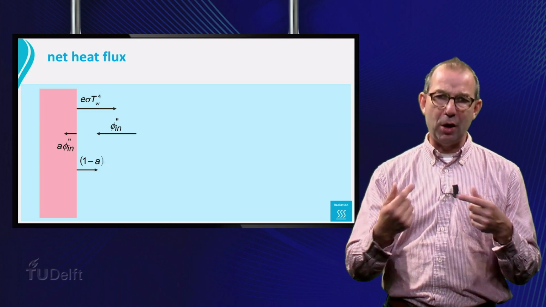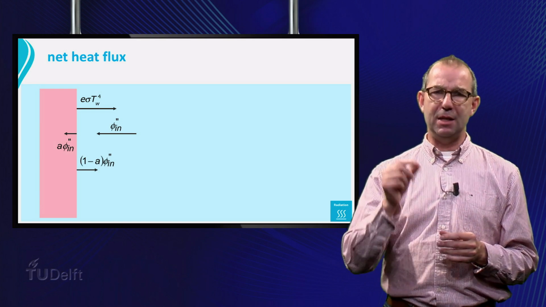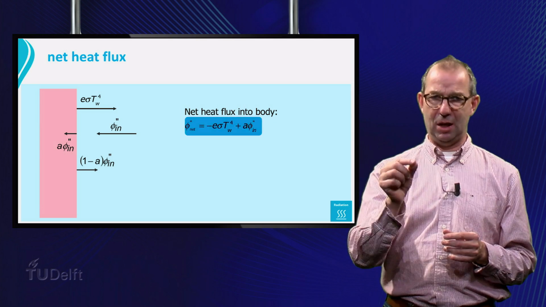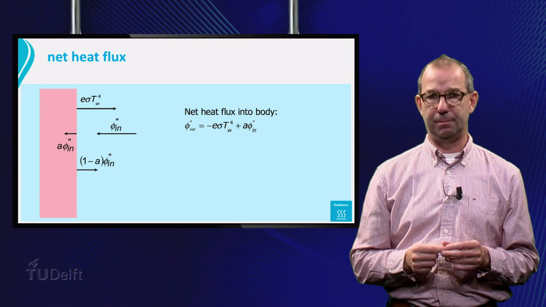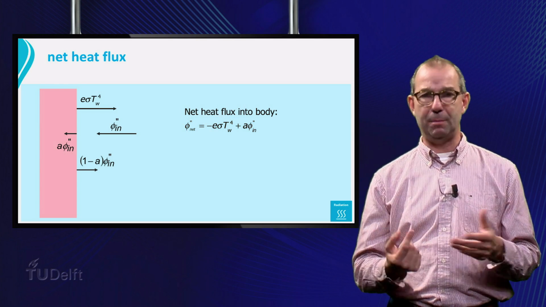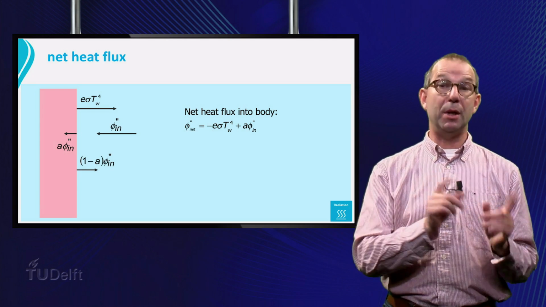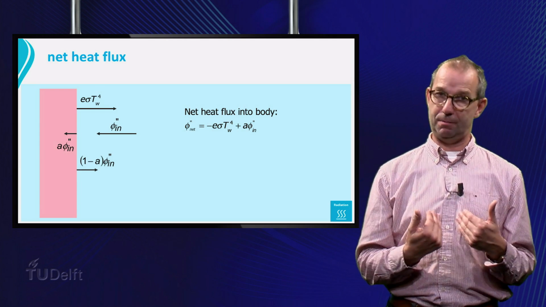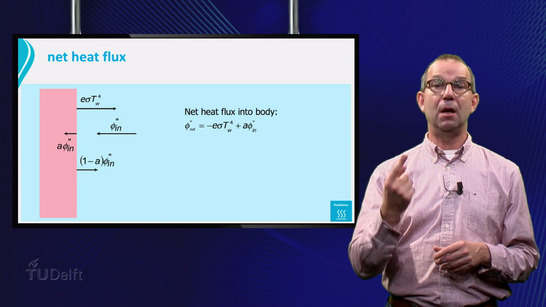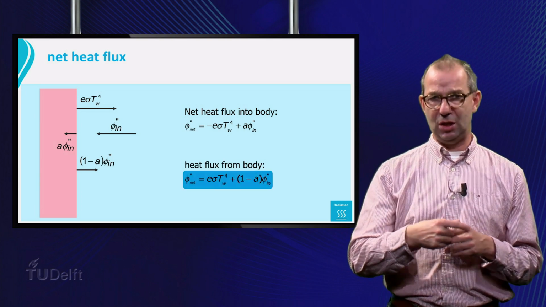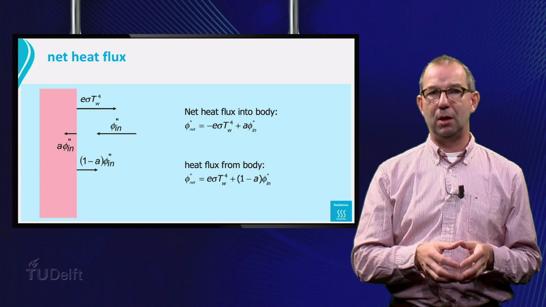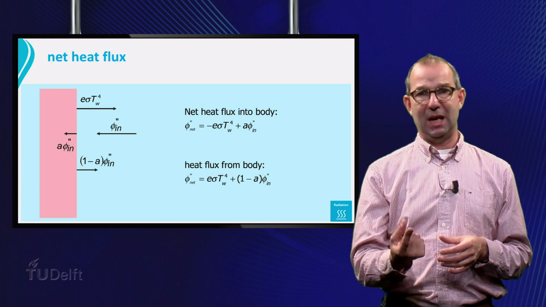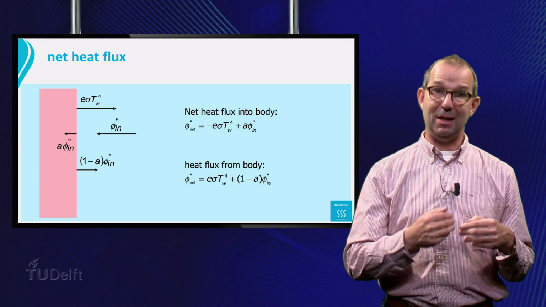Thus the net flux into the body is minus what is radiated itself plus the absorbed part. It is minus E sigma T wall to the power 4 plus A times the incoming flux. Similarly, a flux E sigma T wall to the 4th plus 1 minus A times phi in is leaving the object.